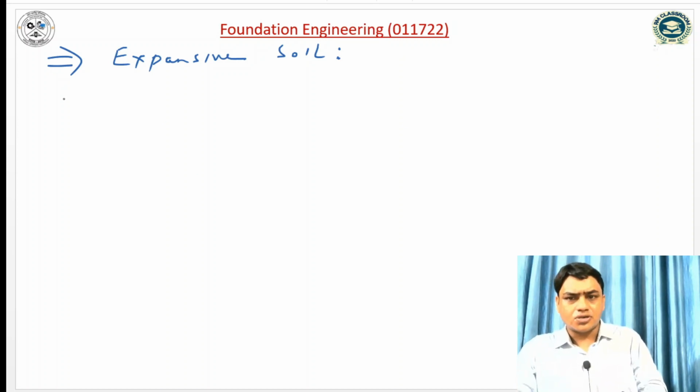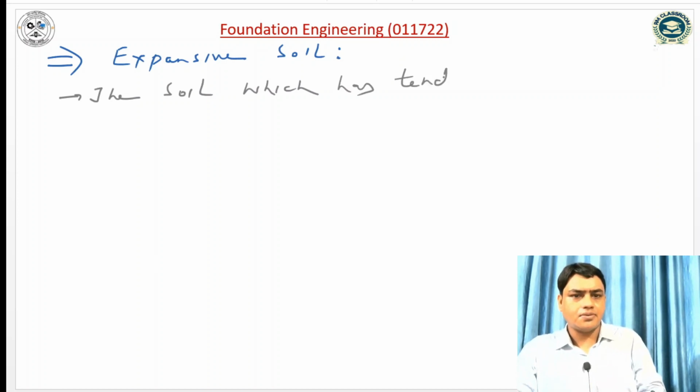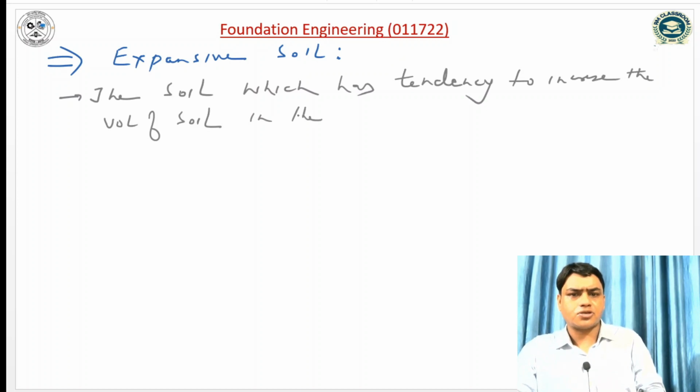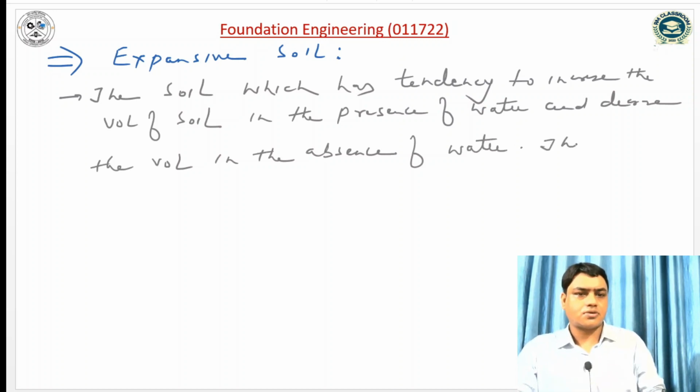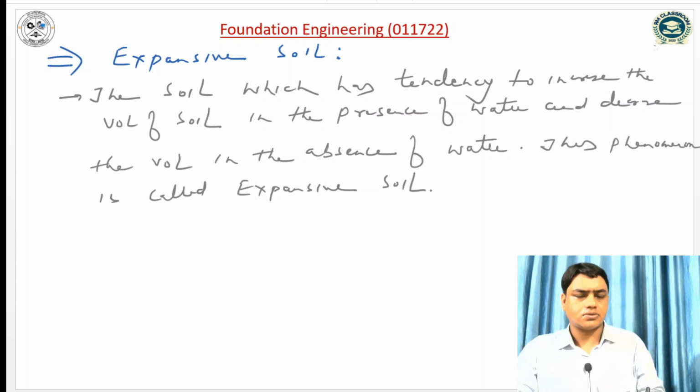So if I write the definition, the soil which has a tendency to increase the volume of soil in the presence of water and decrease the volume in the absence of water, this phenomenon is called expansive, or this soil is called expansive soil.